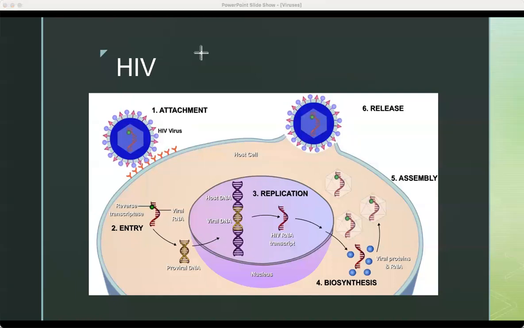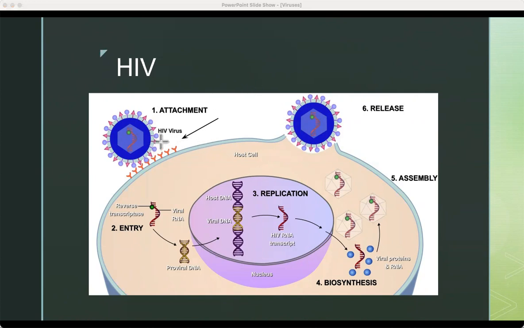So first of all, as with all viruses, attachment is the first step. Now, HIV is specific to human hosts. It doesn't attack just any cell in the human body, it attacks cells in the immune system. So T cells and things like that.